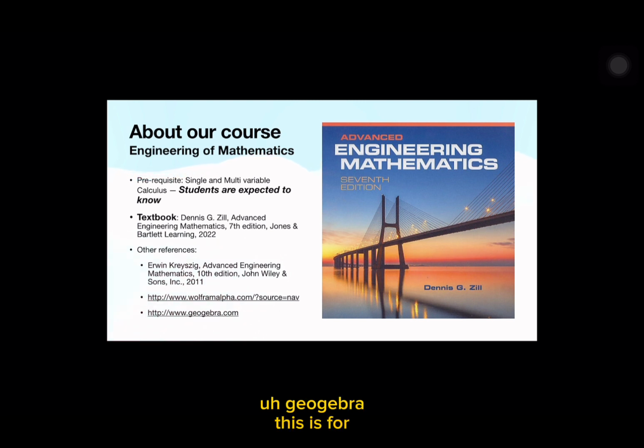GeoGebra is for graphs. If you have a function and want to visualize how to graph it, GeoGebra is one way. Of course, if you are familiar with other software such as MATLAB, that will be really good as well. They perform better, because GeoGebra does the basic functions very well.